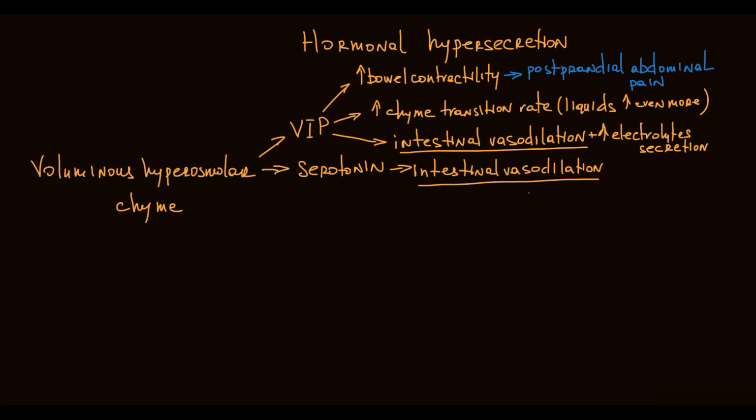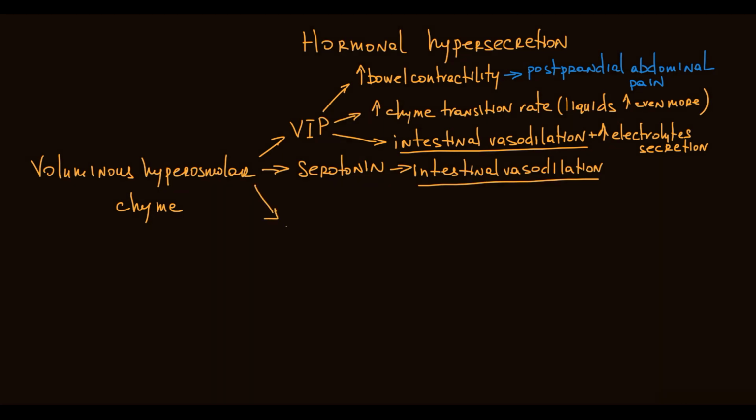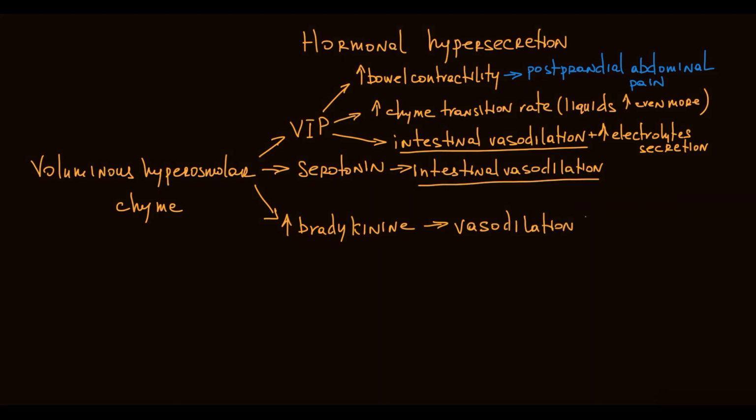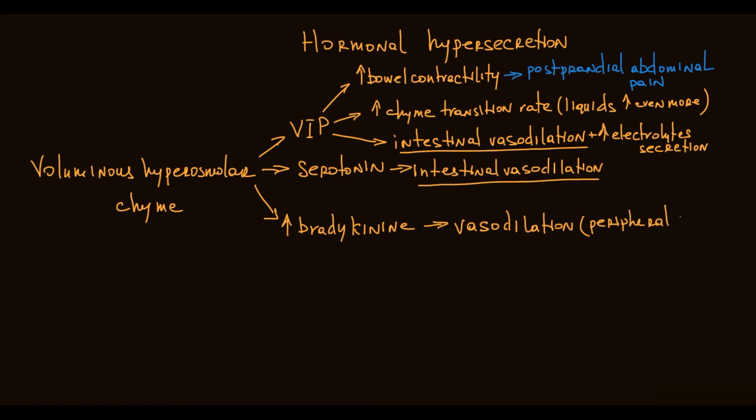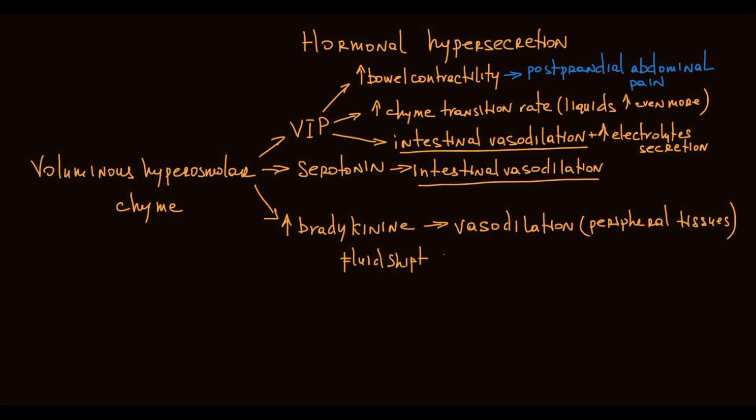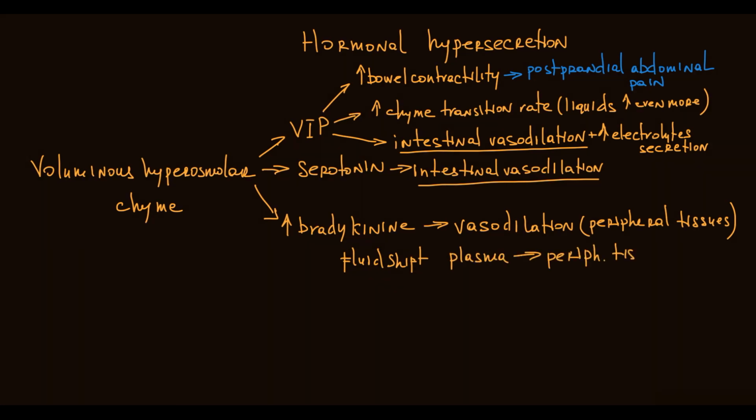Also, it was determined that in the postoperative period, patients with dumping syndrome have elevated bradykinin level. Bradykinin also causes vasodilation, but the specific feature is that the site of bradykinin effect is not in intestinal circulation, but in peripheral tissue. So bradykinin also causes fluid shift, but fluid shifts from the plasma compartment to peripheral tissues.